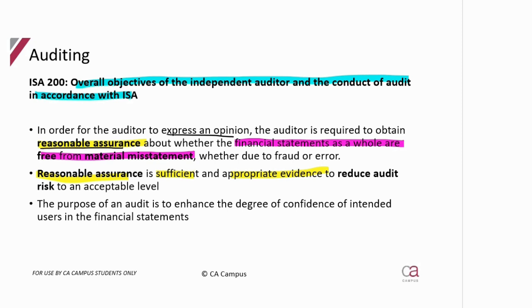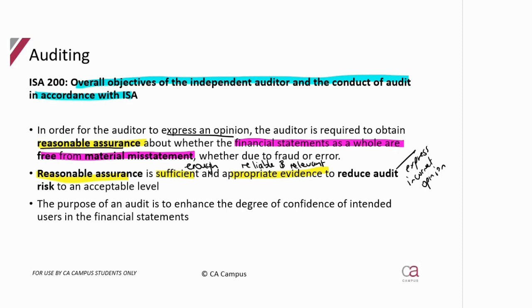So we're saying, in order to express this opinion, we need to have sufficient, which is enough, appropriate, which is reliable and relevant to what we're trying to prove, evidence, so that the audit risk, which is that we give the incorrect opinion, is reduced to an acceptable level. So that ultimately we aren't going to express the incorrect opinion. We're going to express the correct opinion.